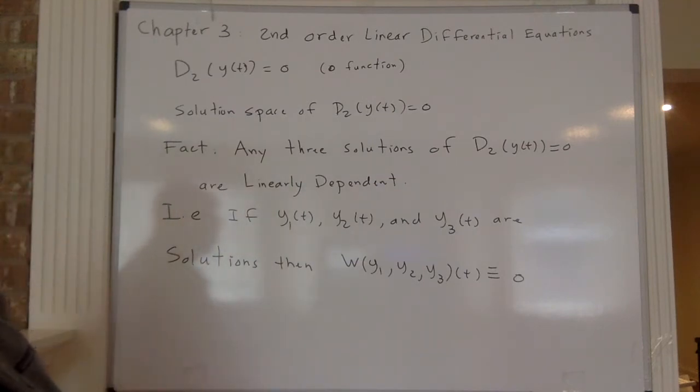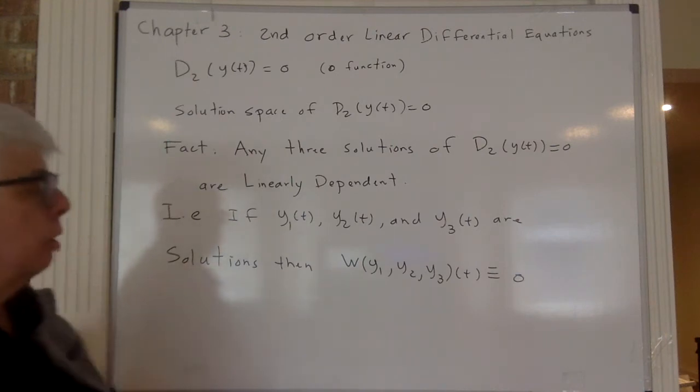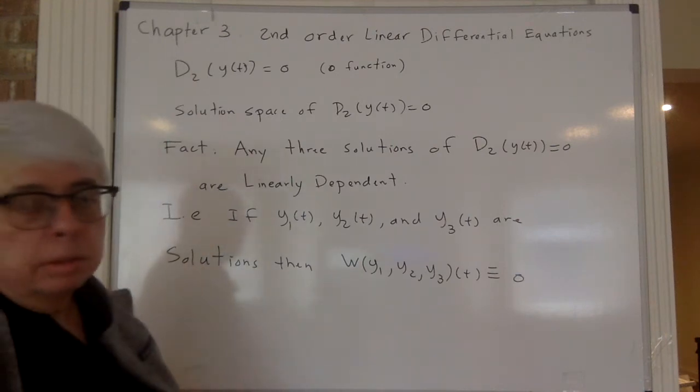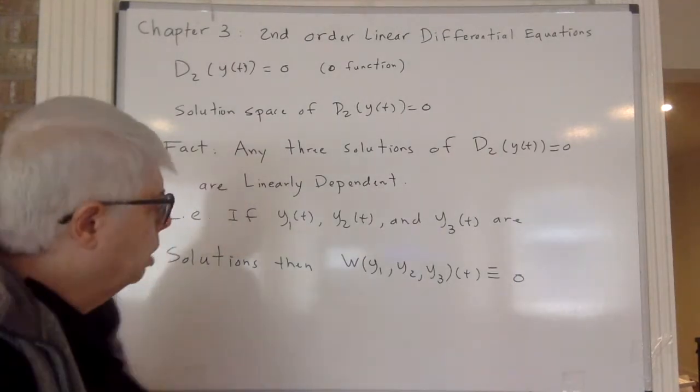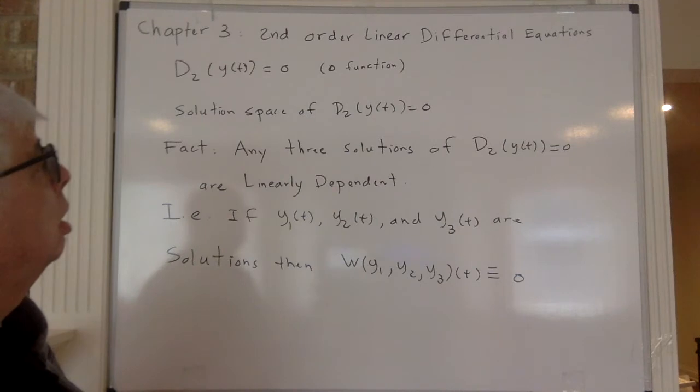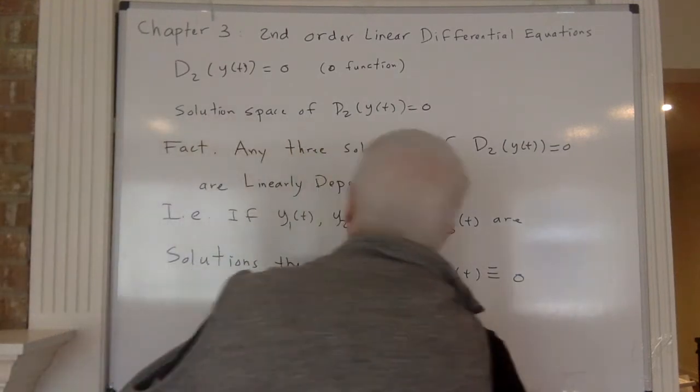So we have to prove this, that if I choose any three solutions, then I have to prove that the Wronskian of these three is 0. So let's write down the Wronskian and see what we can do.